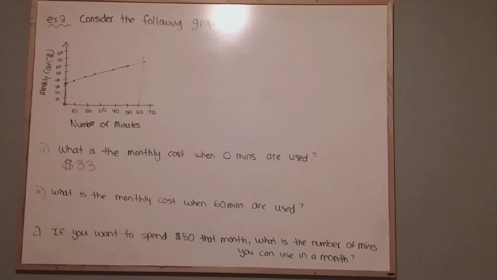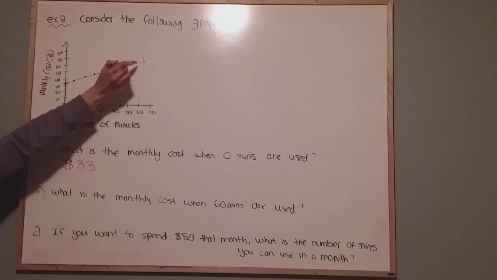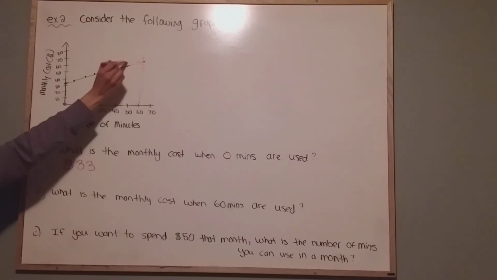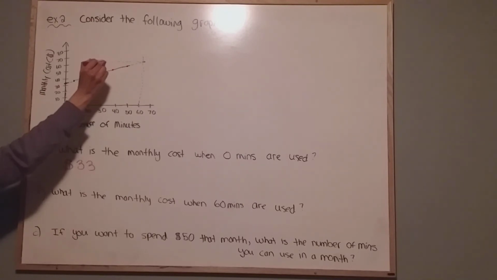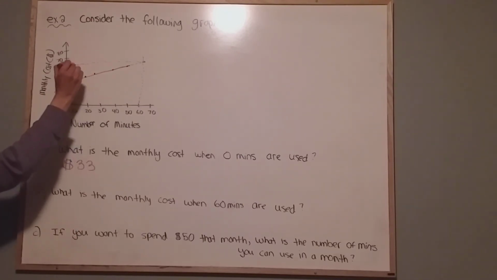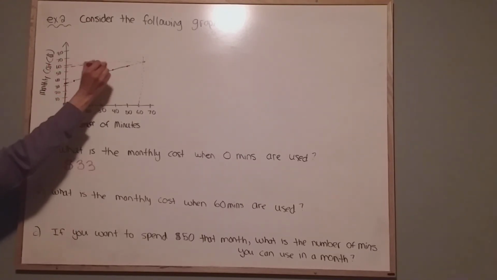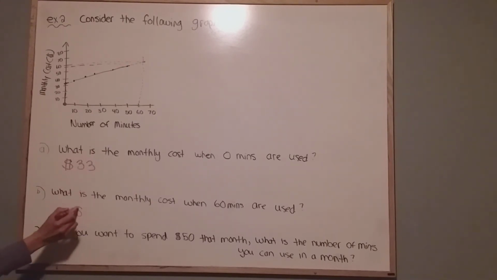Then I look and find my cost. I went up to 60, and from this point I keep going this way, and this is where you can use your ruler. Sorry, it's not the best, right? So it should be approximately $55. And when you look at the notes I give you, it's a lot easier to see.